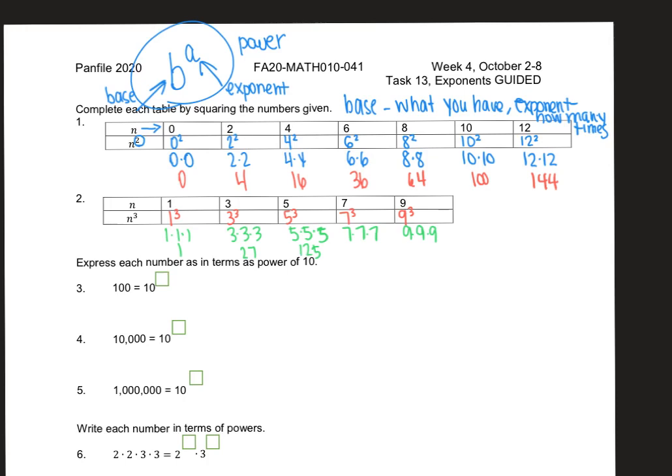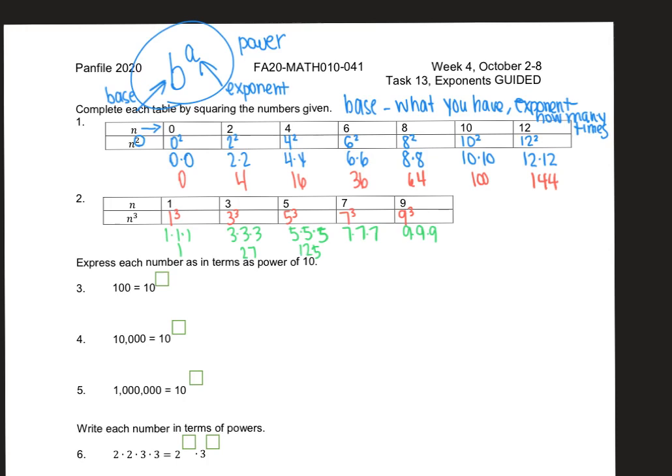Express each number as a power of 10. That doesn't make sense as written, and I don't know what that was supposed to say. I will figure that out and fix it on the independent one.